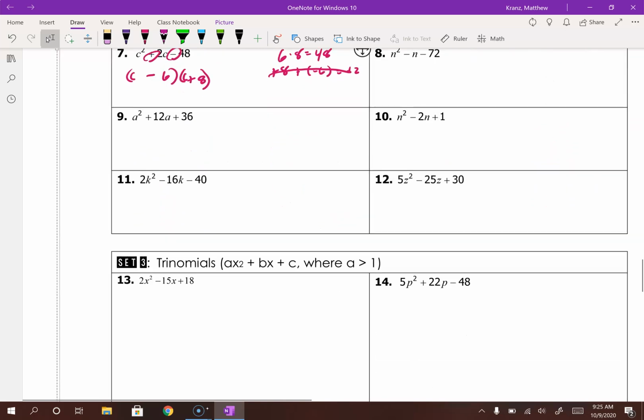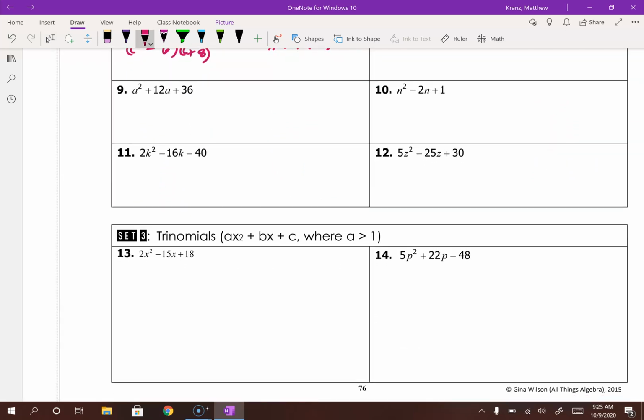Number 11, you notice that there's a 2 in front of here. So just like completing the square, we have to factor out this 2. So divide everything by 2. Right? And now we can factor this part. So two numbers that multiply to be 20, but add together to be negative 8. Right?